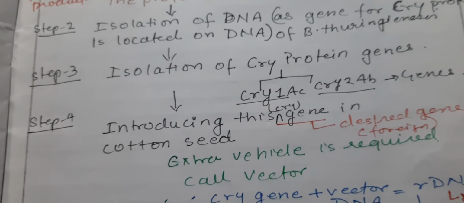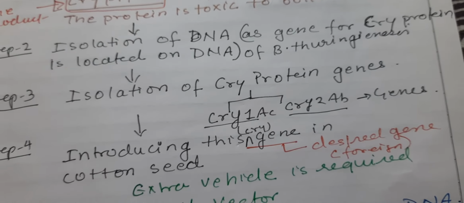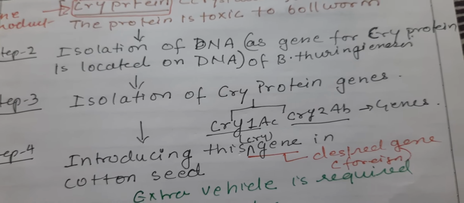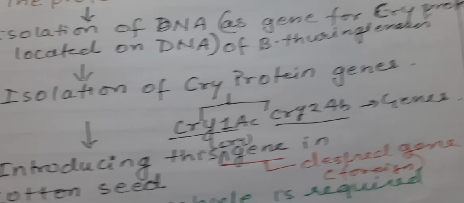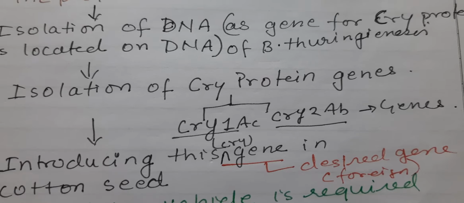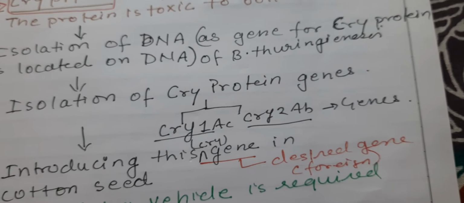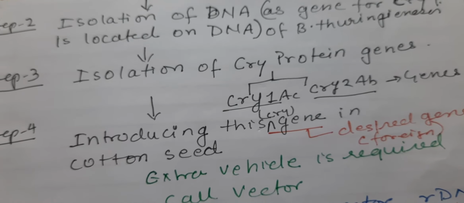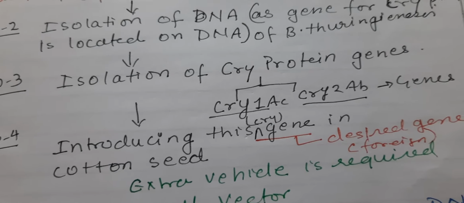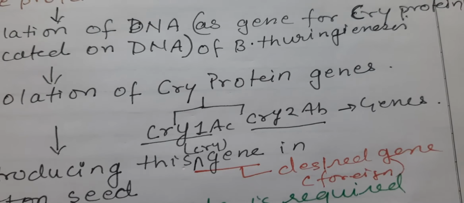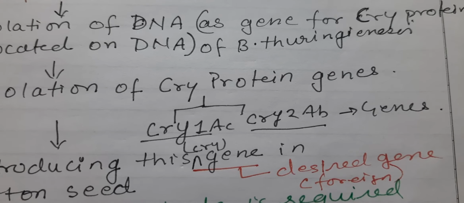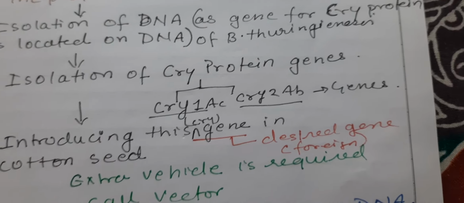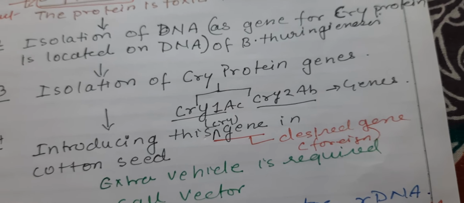Introducing this gene in the cotton seed is the next step. Now this cry gene is our desired gene, which is to be introduced in the cotton. So cotton seed acts as a host, whereas cry gene is a desired gene, or we can say this is also a foreign gene because it is foreign to cotton seed.